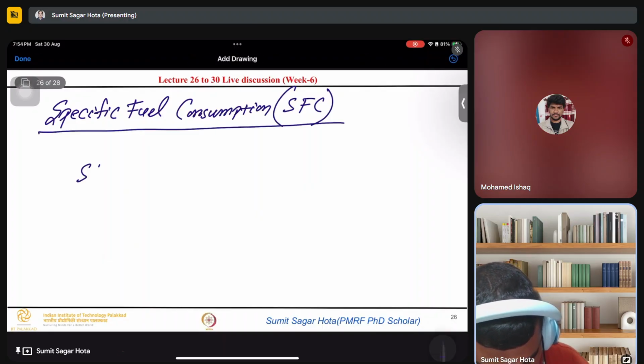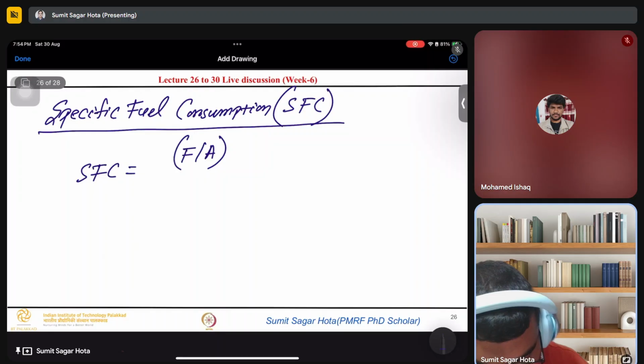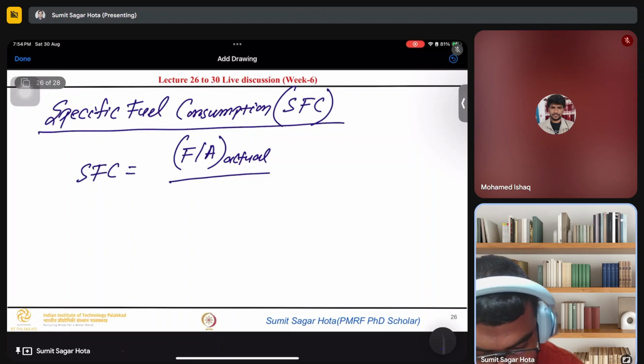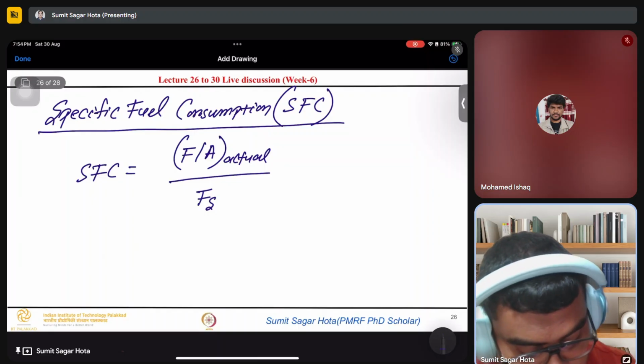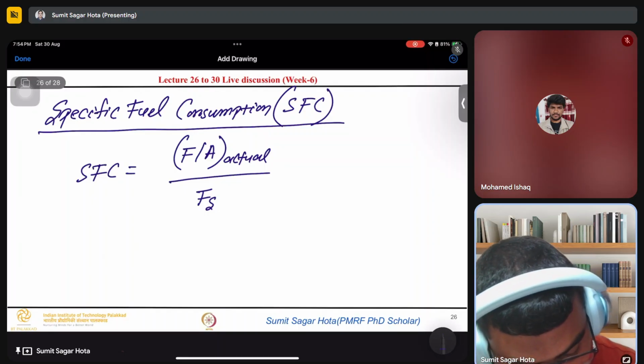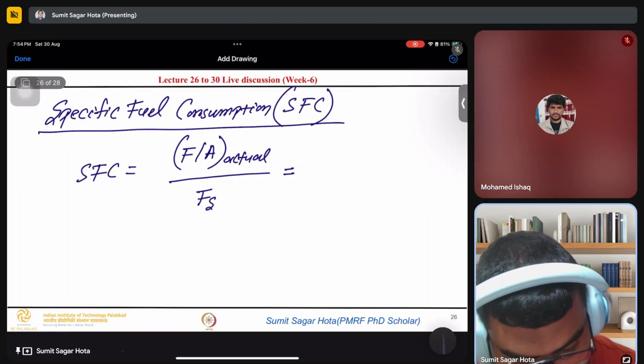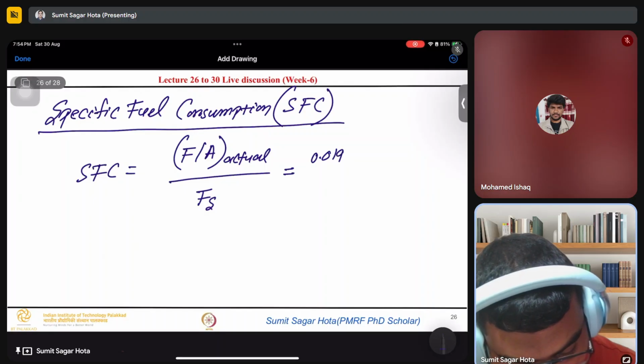SFC is equal to the actual fuel air ratio divided by the specific thrust. This is why we do all this hard work to find out this Fs, because unless and until you know Fs, you cannot find out the specific fuel consumption. So this value will be 0.0198.